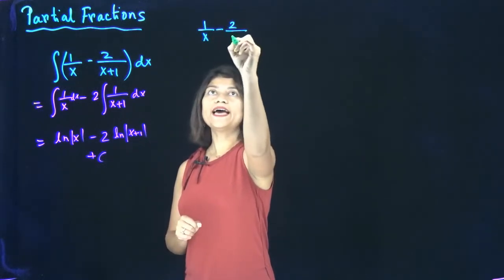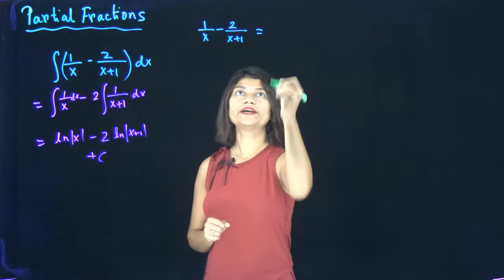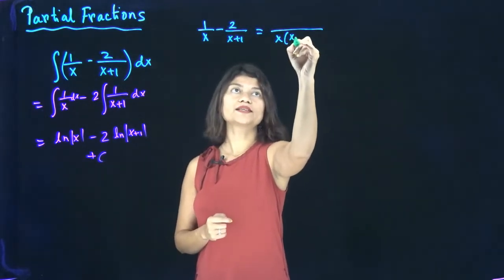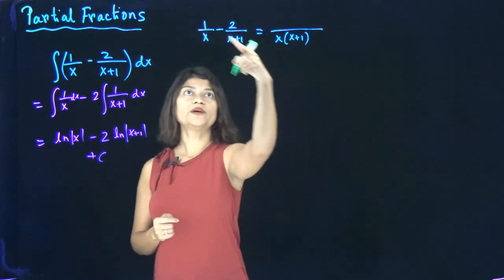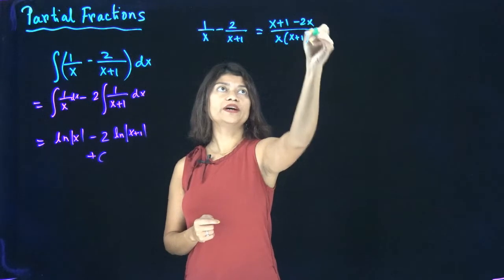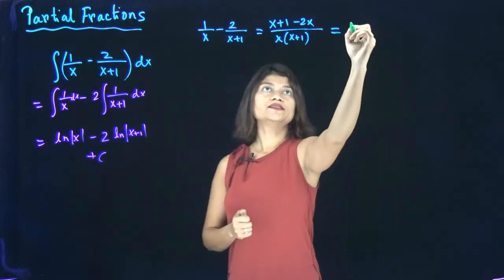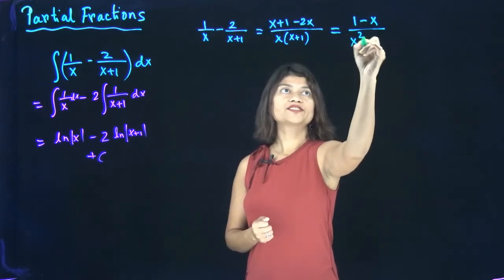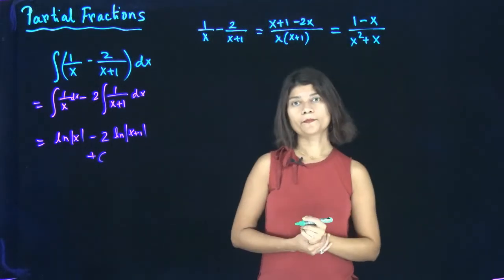If I add these two together, what do I get? I get a common denominator of x times x plus 1, and then you cross multiply. So x plus 1 minus 2x, and that is 1 minus x, over, let's multiply this through, x squared plus x.